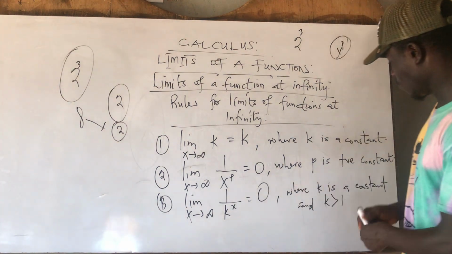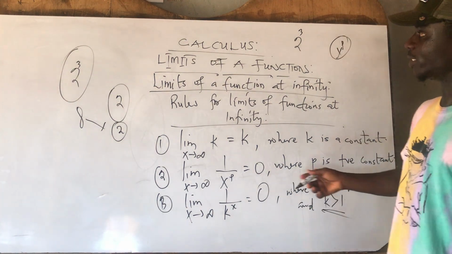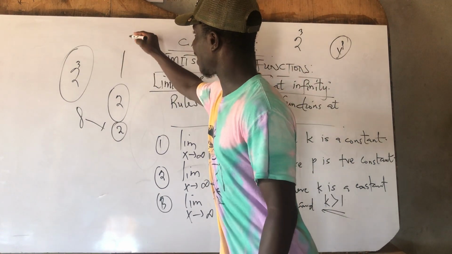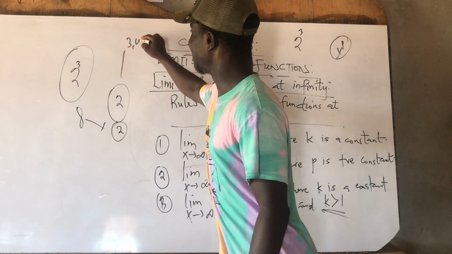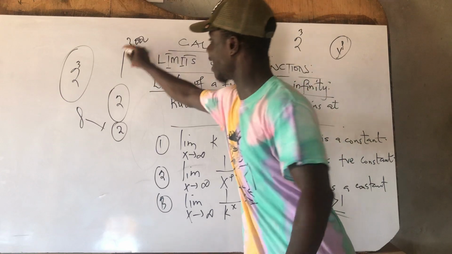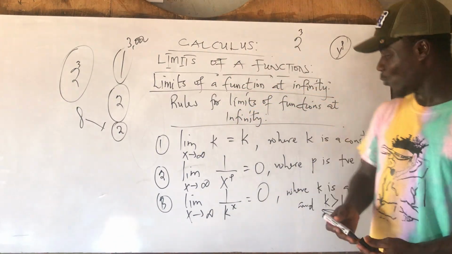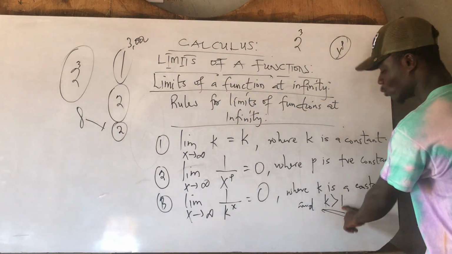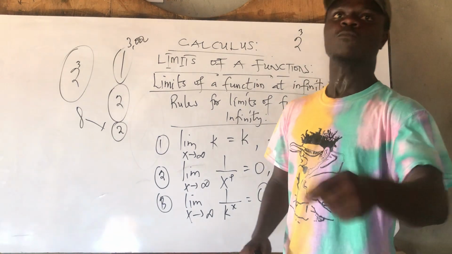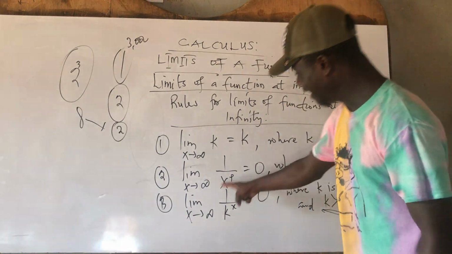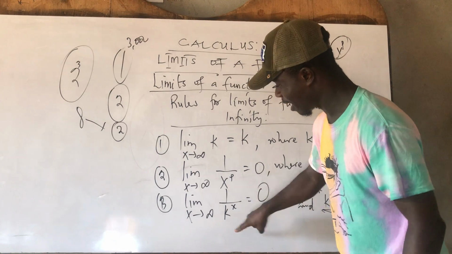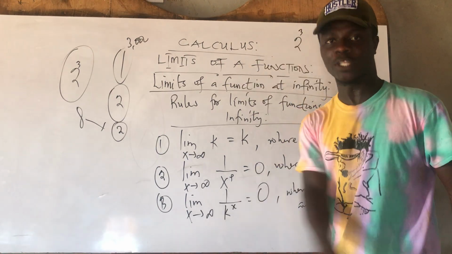Now, the reason why we are saying that k is greater than 1 is that we know that 1 to the power 3 billion or 3 million is the same thing as 1. So now we have to ignore 1, then we concentrate on 2, 3, 4, 5. Then we see the behavior of this function as x approaches infinity.